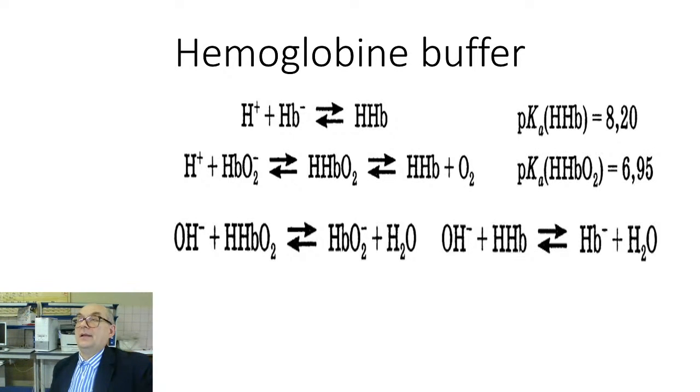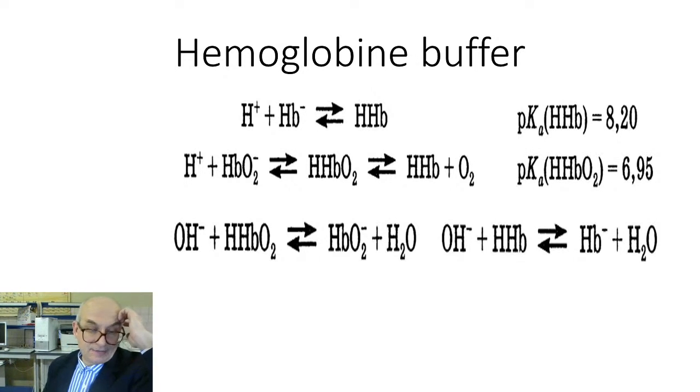So, at first, it shows the important pH for oxygen transport. If pH of the blood will be changed, oxygen transport will be broken, will be destroyed.